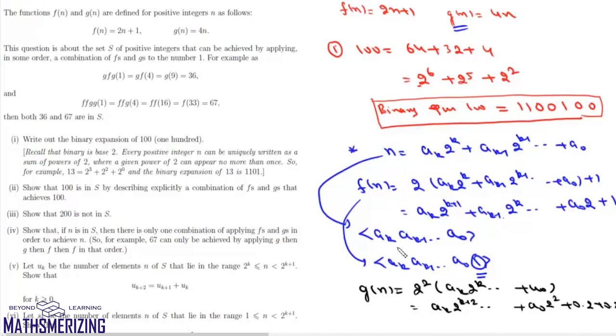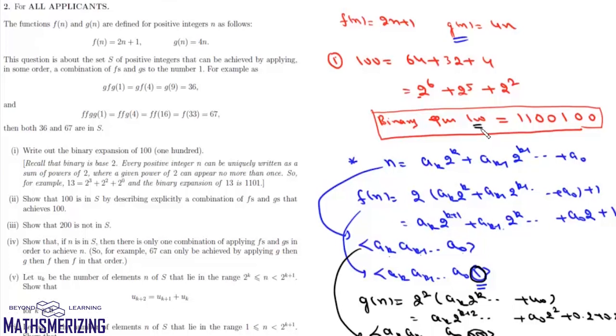So the number which was previously ak minus 1 down to a naught in binary will now be ak minus 1 down to a naught, and then it'll introduce 2 zeros. So what these two functions will specifically do is either they'll introduce 1 or they'll introduce 0, 0 at the end of any number.